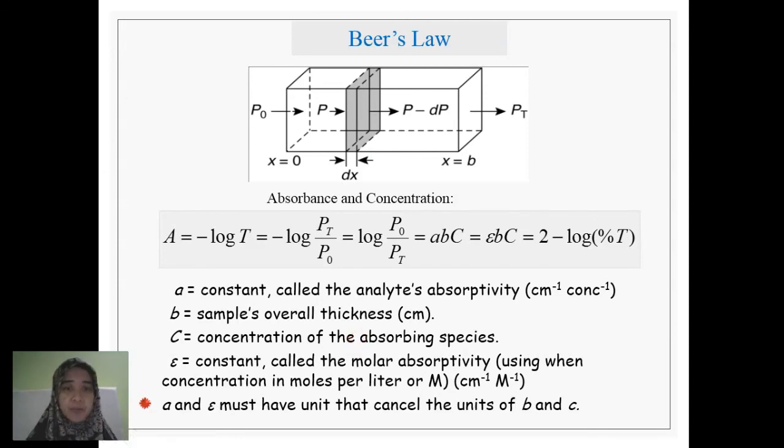The absorbance A is equal to negative log T, and is equal to ABC, where A is the analyte absorptivity, B is the sample thickness, and C is the concentration of the sample.